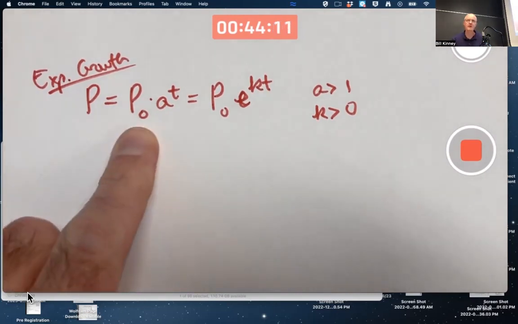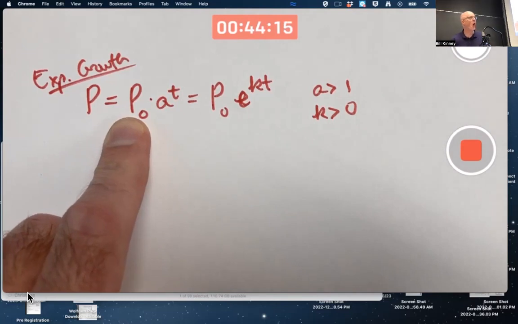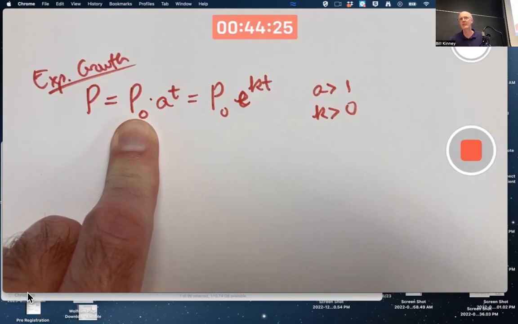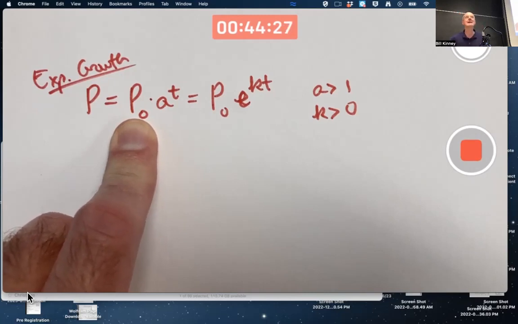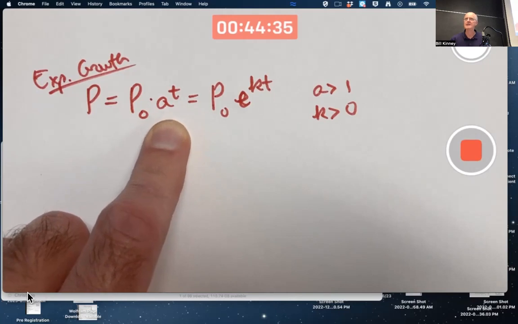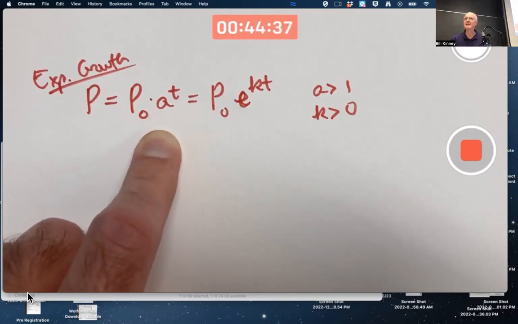They use a subscript here, P sub 0 or P naught. People sometimes say, don't say P naught. It's not N-O-T, it's P naught, N-A-U-G-H-T. Naught being essentially equivalent to 0. It's the initial population. When you plug in t equals 0 here, A to the 0 is 1. P naught times 1 is P naught.